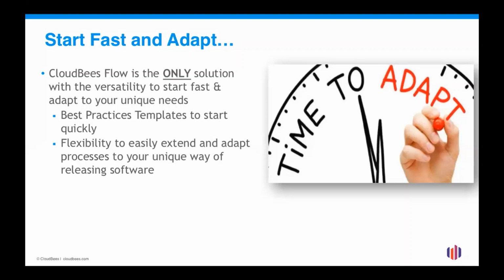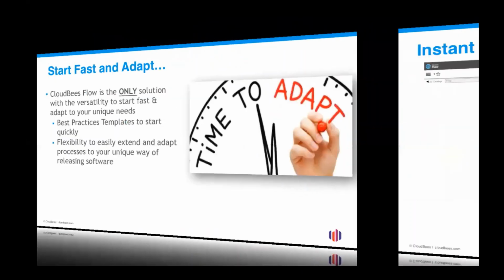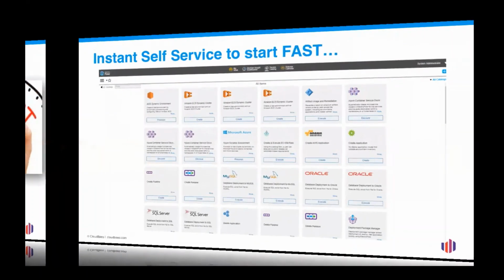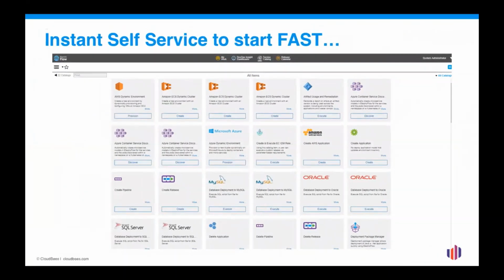So let me show you a screenshot of that start fast, okay? Start fast and adapt. So this is the service catalog. It's some kind of self-service where, as an example, you see here, you have 22 catalogs. I have here some of the items of some of these 22 catalogs.